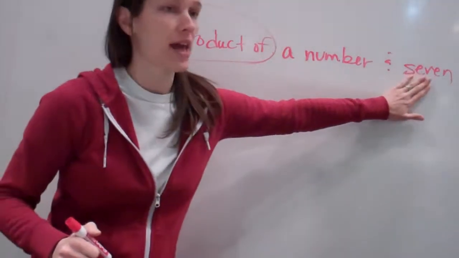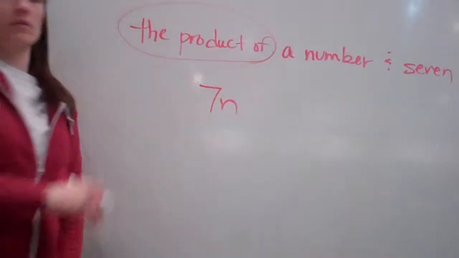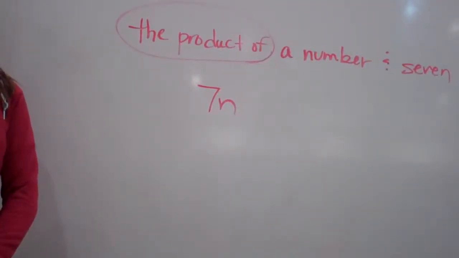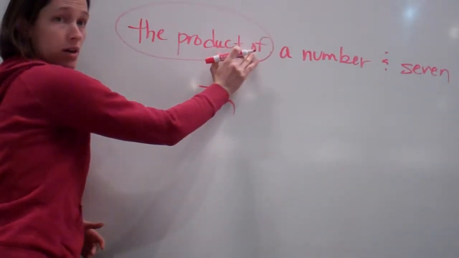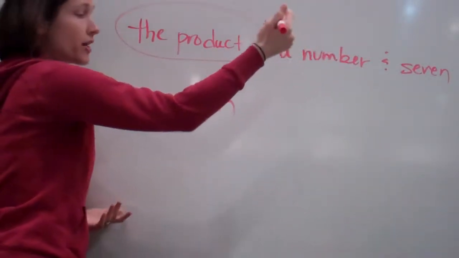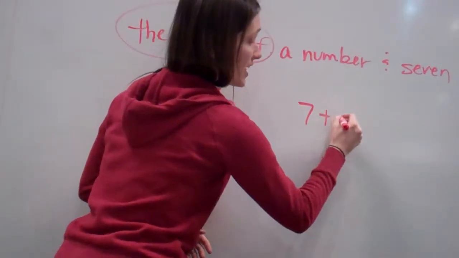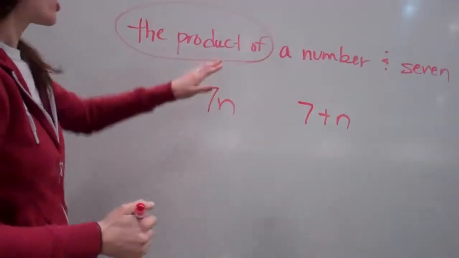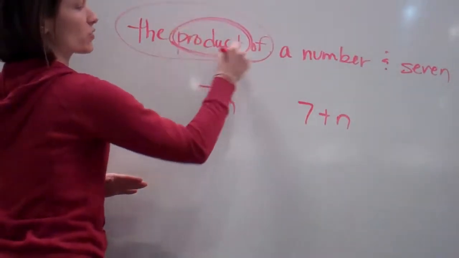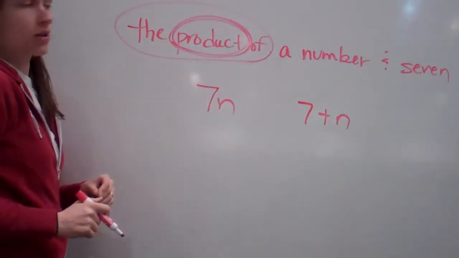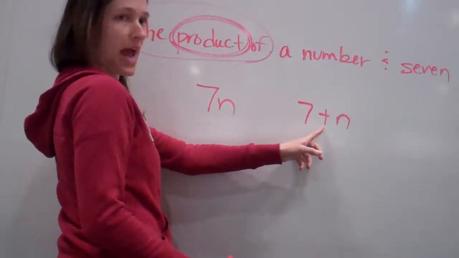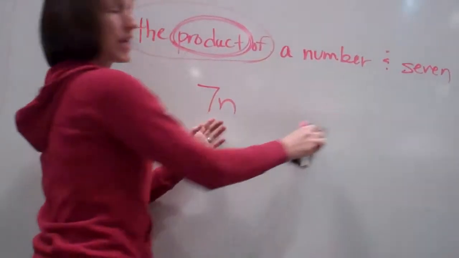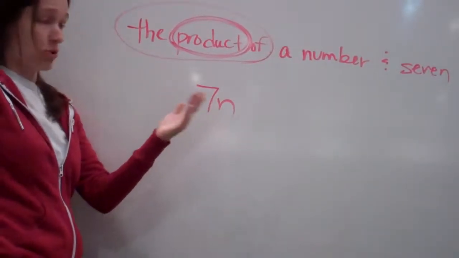A number and 7. If this said the sum of a number and 7, then we would have written 7 plus n. So this was very important because this was our key word. It wasn't the sum of, we didn't have to do an adding. Product means timesing, you multiply.